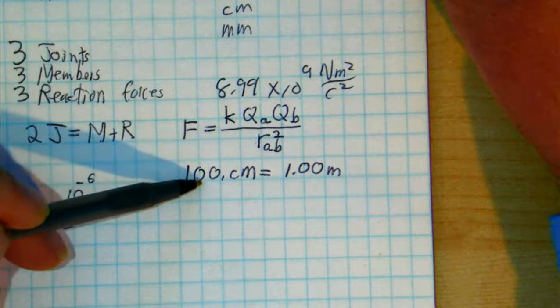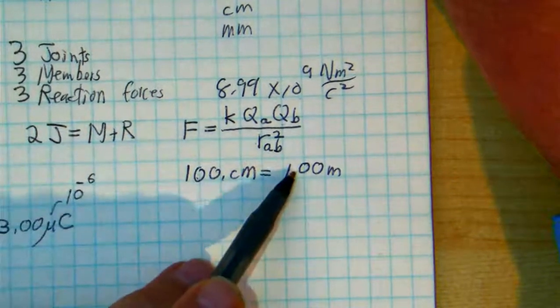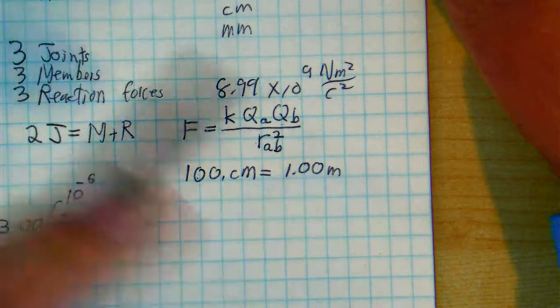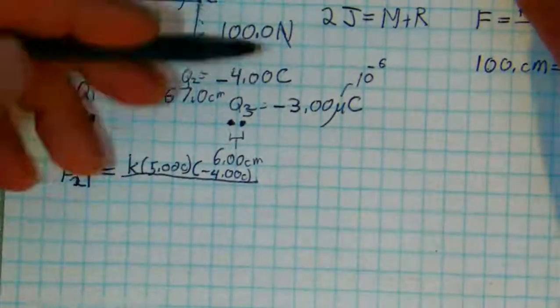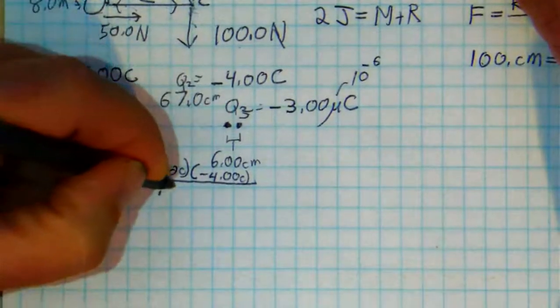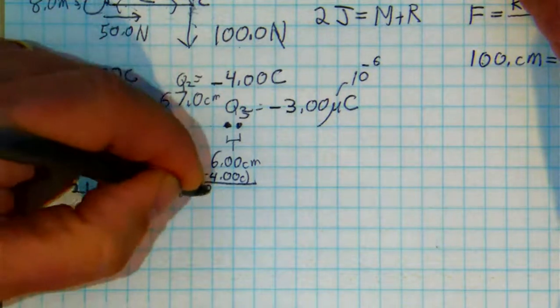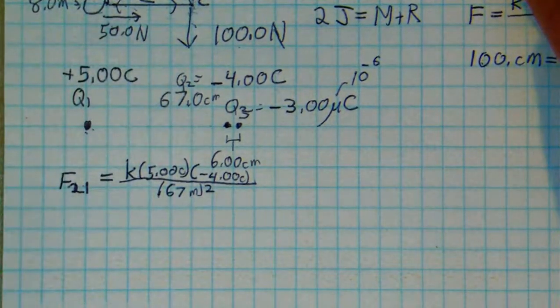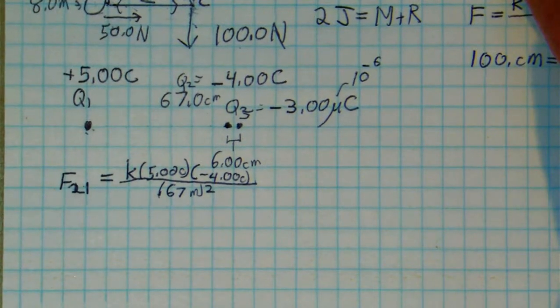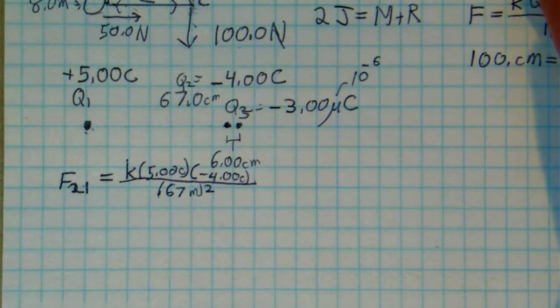67 centimeters would be 0.67 meters. So that's what I'm going to plug in here, 0.67 meters, quantity squared, and power up my calculator. I had stored the value of K on my calculator previously.